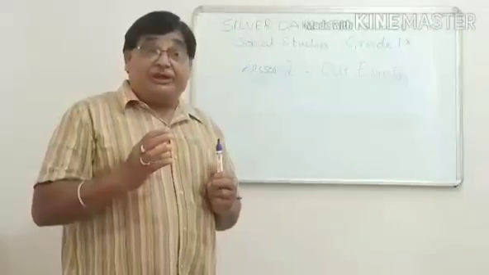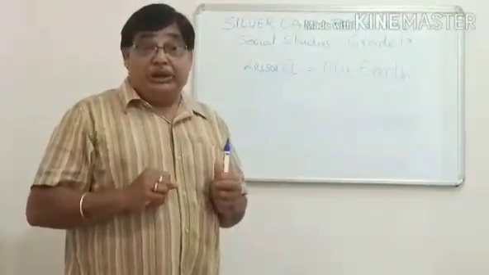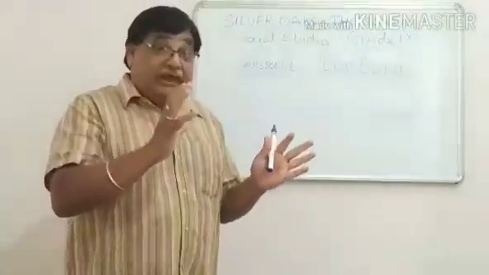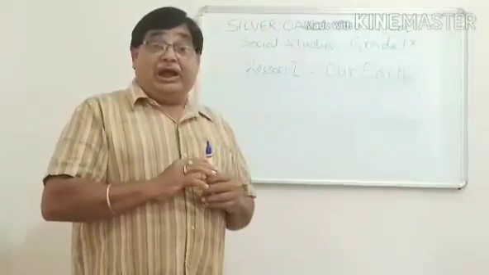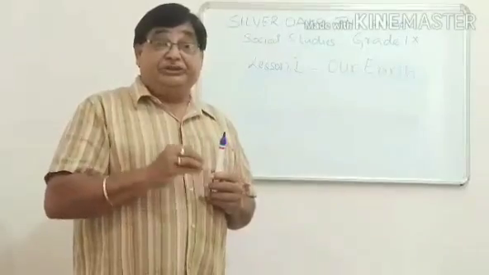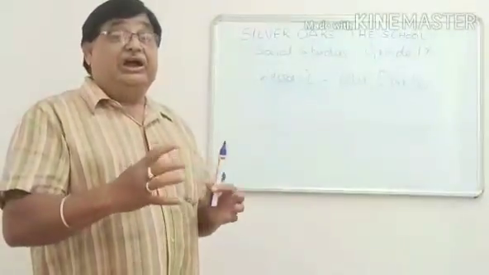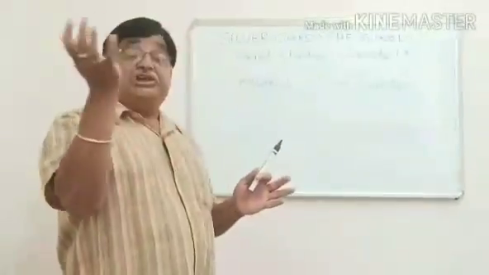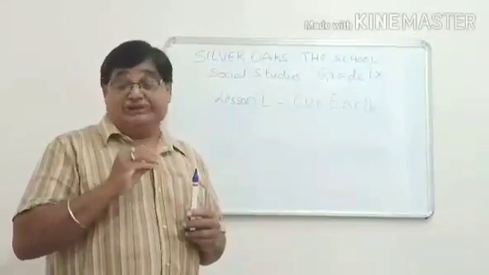They observed sun, moon, other planets which are moving, and they thought that earth is stationary and all other celestial bodies are revolving around the earth.